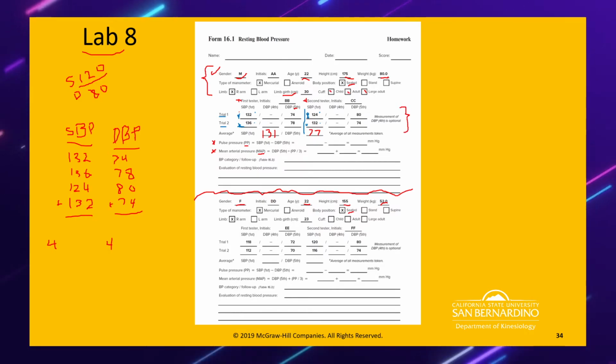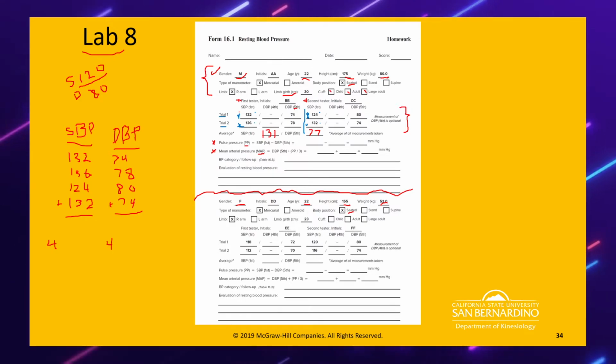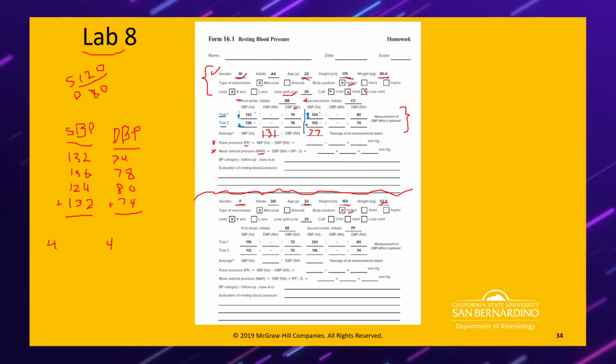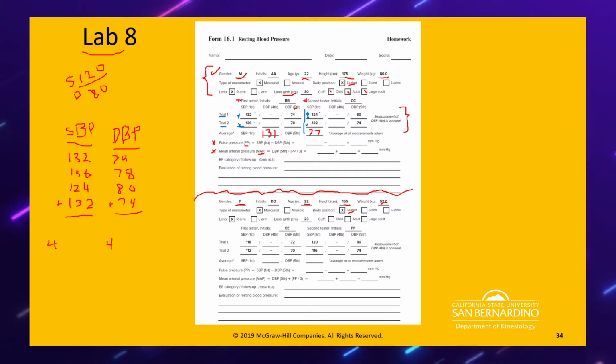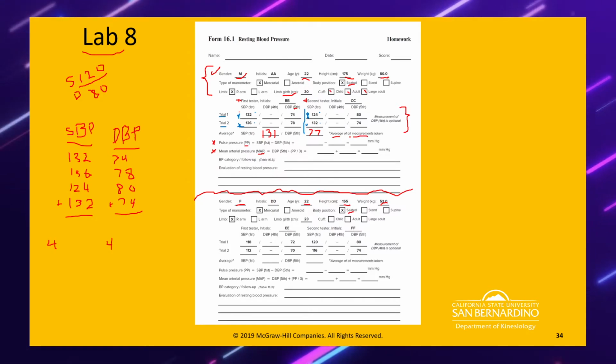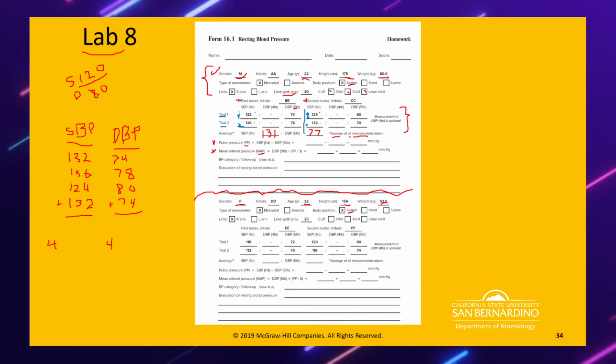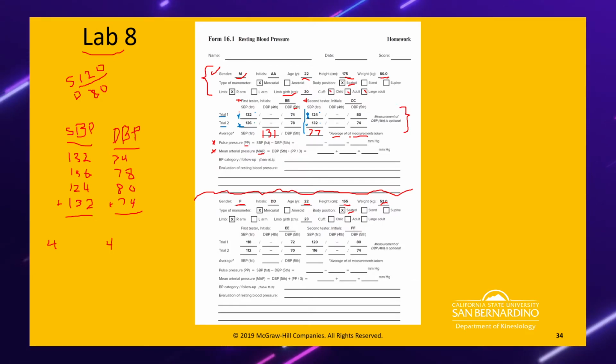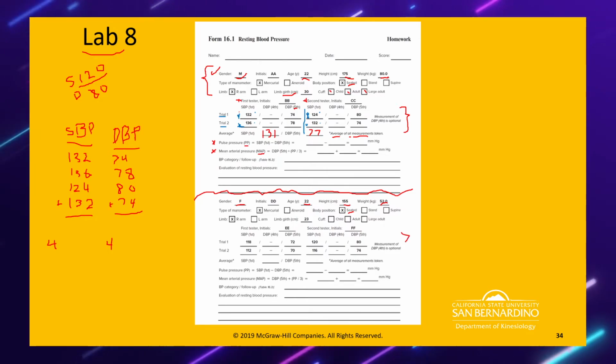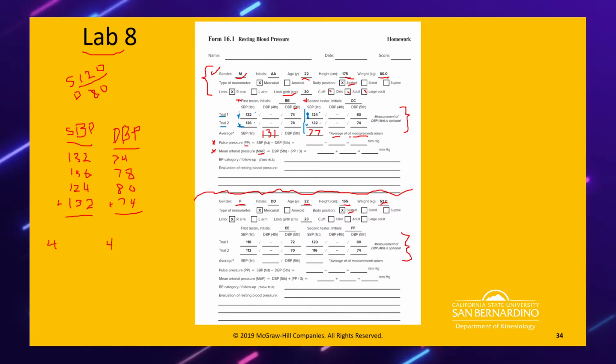Make sure, again, when you're calculating the average, you pay attention to what it's asking: average all measurements. So it doesn't mean just these two. It means all of them. This would probably be the thing that gets people the most with this lab. And you're going to do the same thing down here as well.